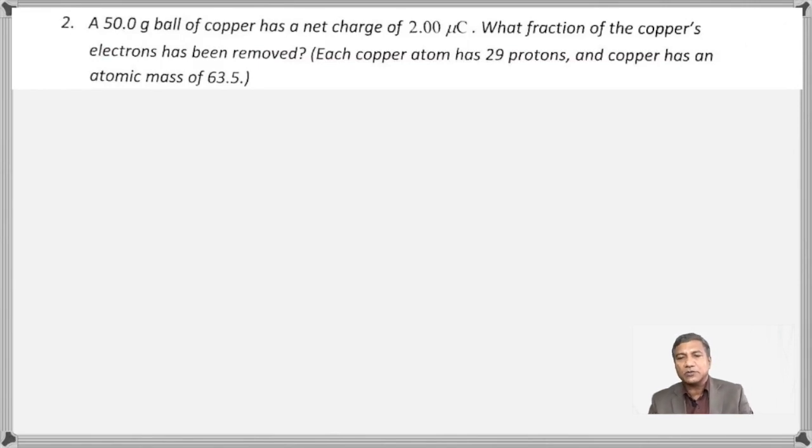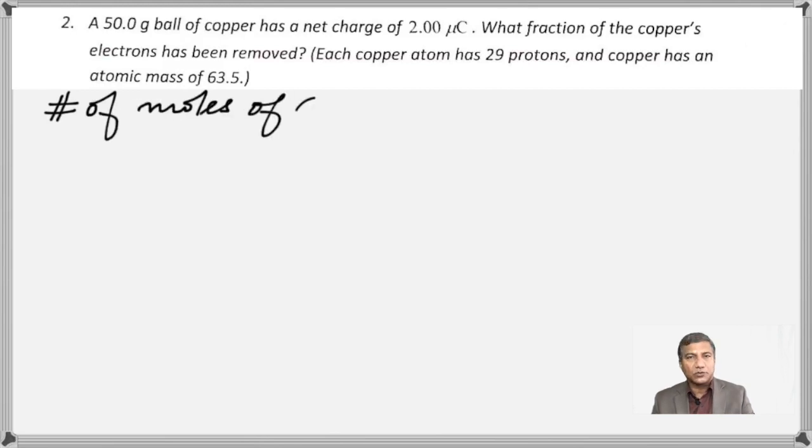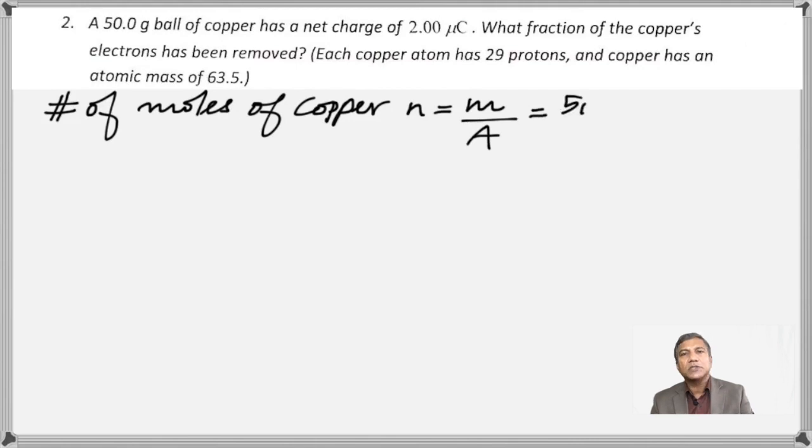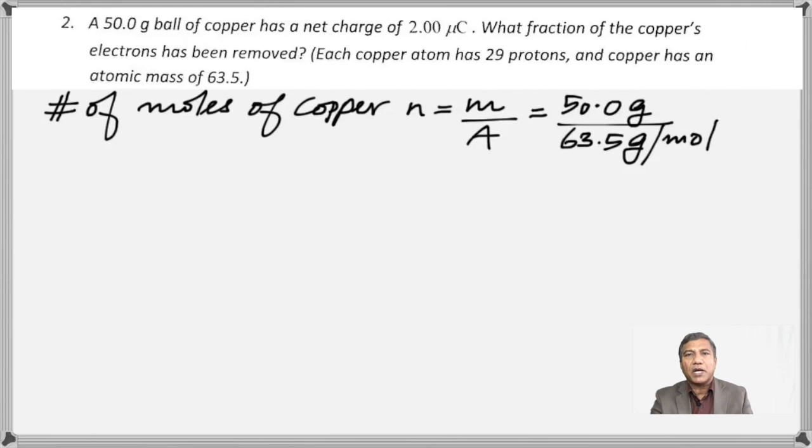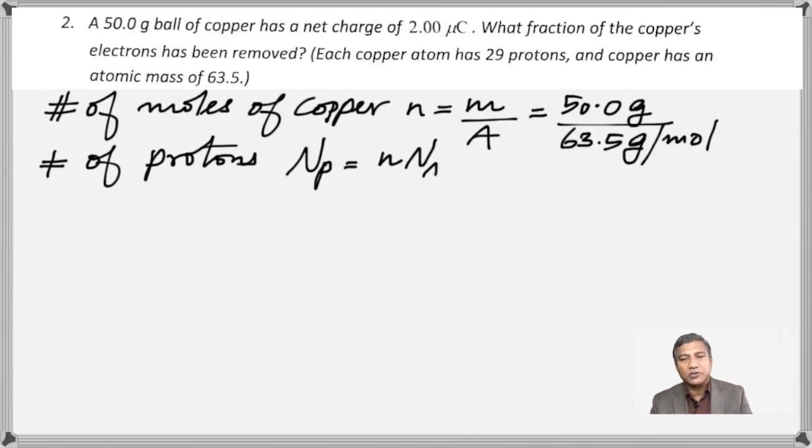The number of moles of copper is the total mass given divided by its atomic mass, because the mole is the molecular weight expressed in grams. So the total mass given is 50 grams divided by the atomic mass of copper, 63.5 grams per mole, and when you do that, you get the number of moles of copper.